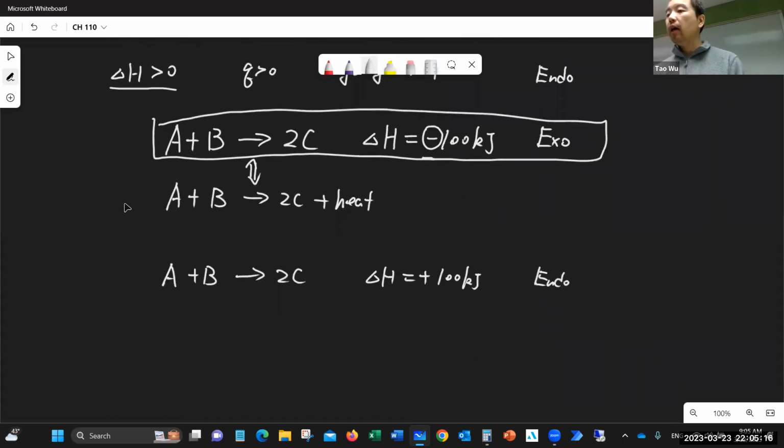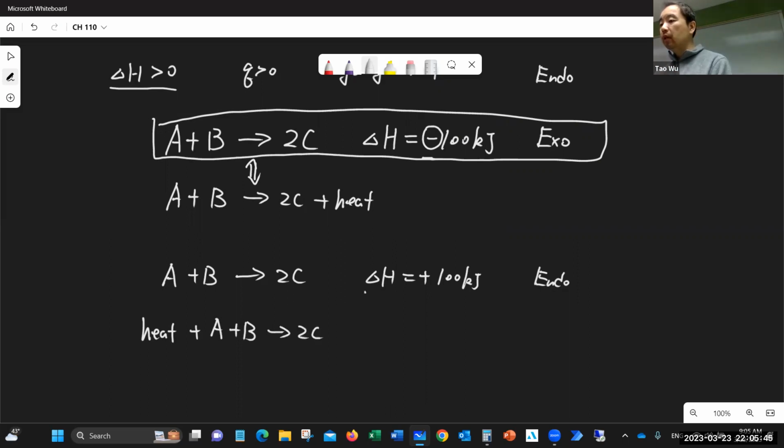So if exothermic is like this, how about endothermic? You can think of endothermic as the heat being part of the reactant, because they are absorbing heat. We need heat to make the product, right? So in this case, the heat plus A and plus B form 2C.